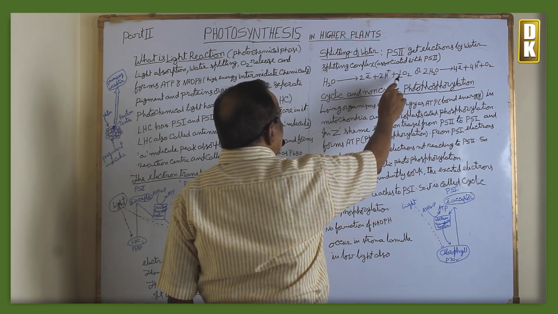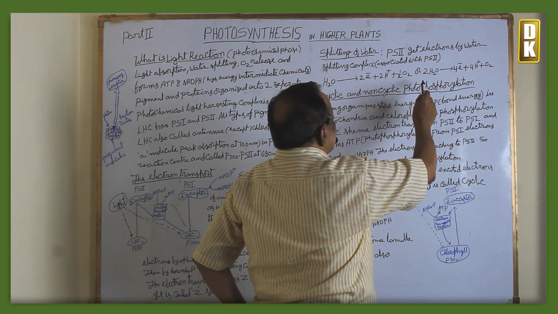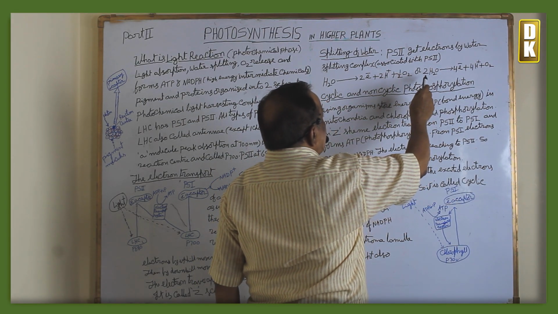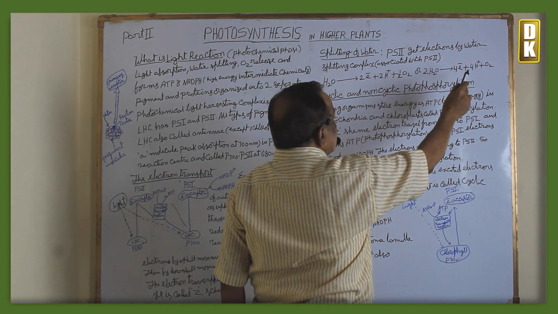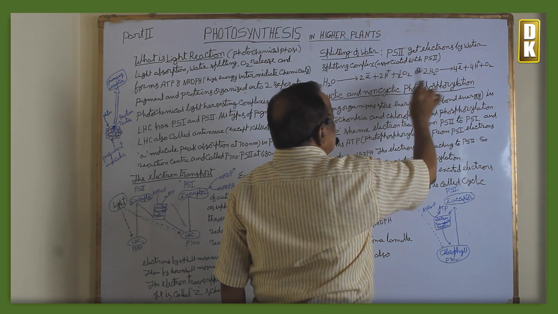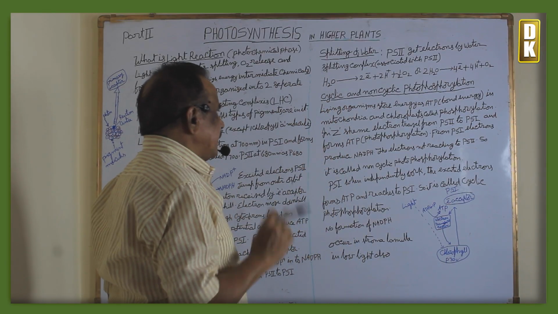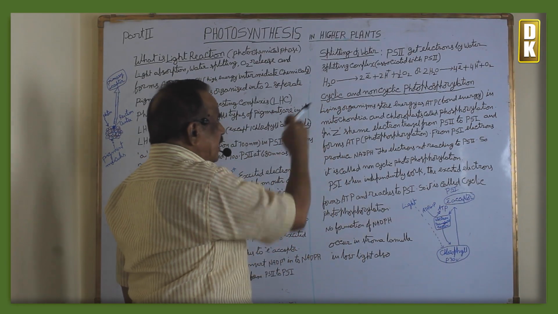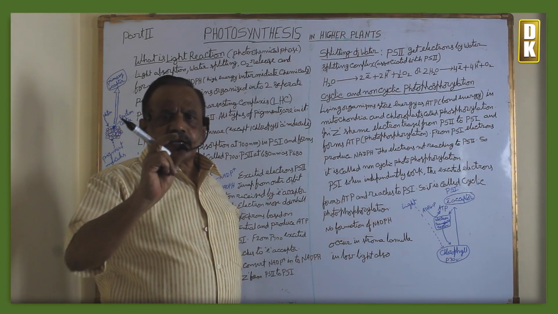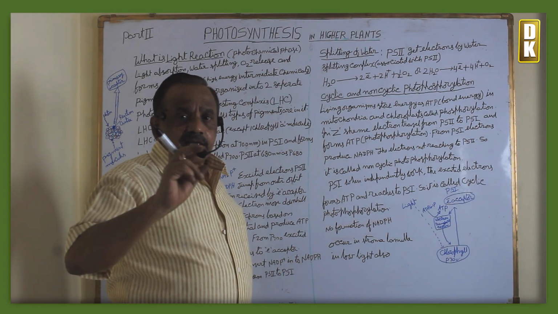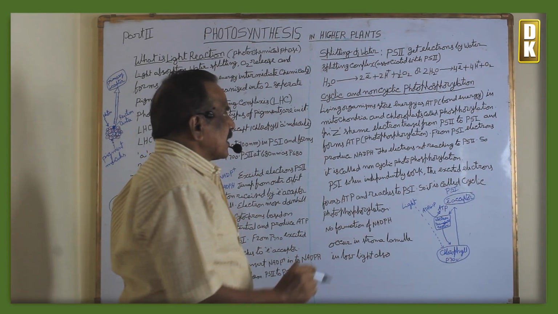For balancing, we can say that two water molecules will give 4 electrons, 4 protons and O2, meaning 2 atoms will come and become O2. I am telling you which is important, though the textbook gives them in different lines.